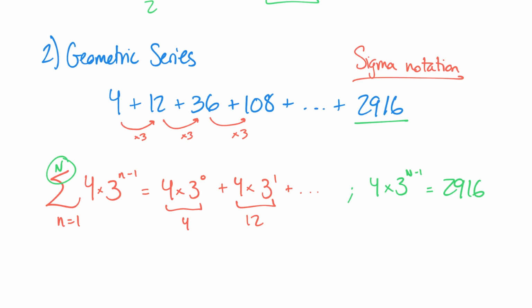And now we need to solve this equation. Here we're going to get 3 to the n minus 1 is equal to 729. We need to use logarithms, and eventually we find that n is equal to 7. So then our series is going to be from n equals 1 to 7 of 4 times 3 to the n minus 1.